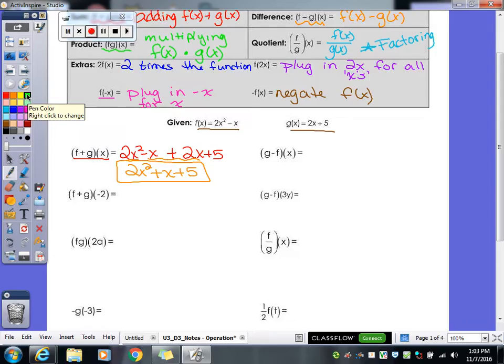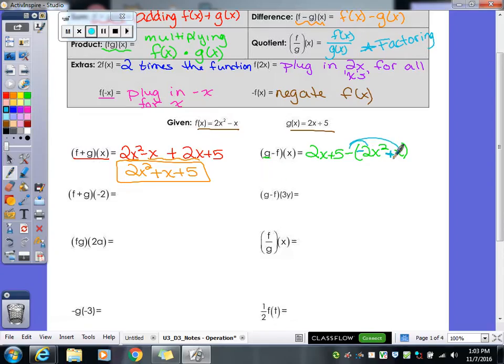So the one to the right of it is telling us to do what? Subtract. This one's telling us to do the g function first. So 2x plus 5 minus, and I'm going to use parentheses, our f function, which is 2x squared minus x. I put my parentheses in there because we have to remember this subtraction sign needs to be distributed to both things in there.